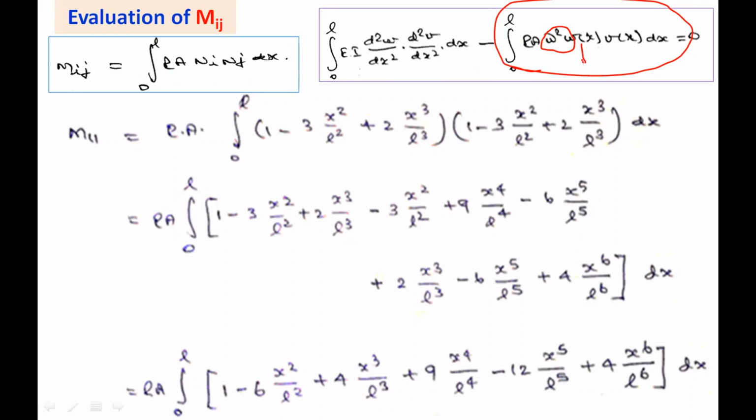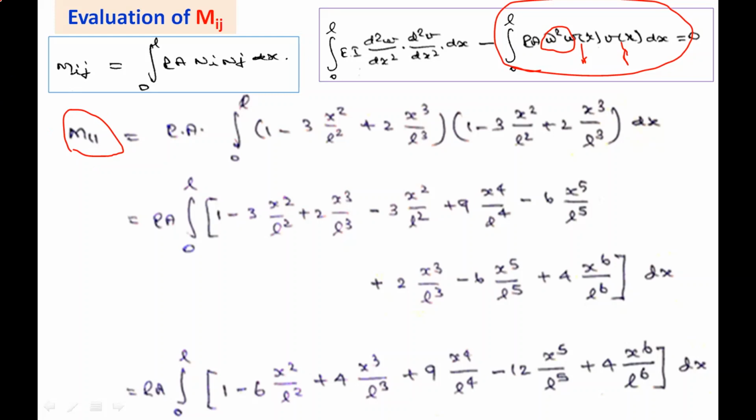When you substitute the interpolation function for w and the shape function for v, you get ni and nj into dx, right? So by substituting the different shape function values, we are able to derive the elements of the mass matrix, the 16 elements. I will show only one element because of the time constraint. The procedure will be similar, we can extend it for deriving all the 16 elements.